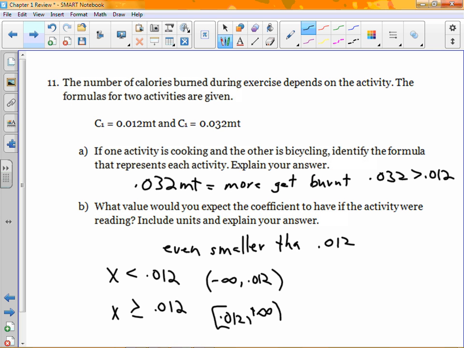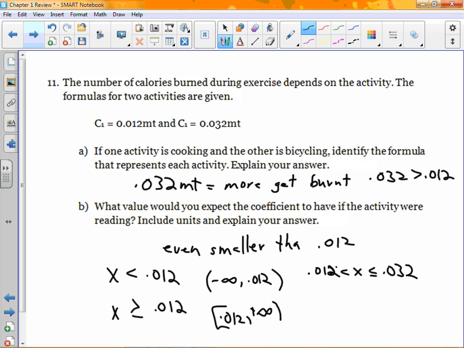Guys, just to make sure we're all on the same page, I got these numbers now, and I want to play with these numbers for a second. Let's say I wanted to write x is greater than 0.012 and less than or equal to 0.032. Okay, that means x is between these two.